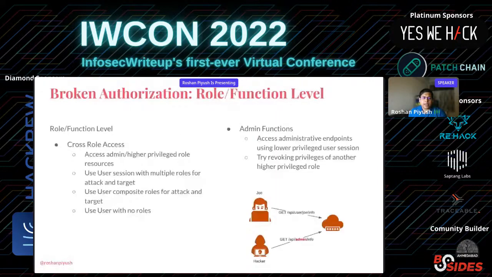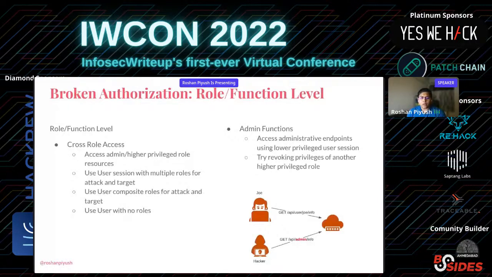Similarly, at the role or function level, the basic thing we understand is that we want to do a cross role access. And cross role access doesn't mean we go and access a lower privilege role. It's always that we want to escalate to higher privileges, so access the admin or higher privileged roles. Use a user session with multiple roles if you're not seeing results with a single role, because sometimes the checks may differ when there are multiple roles assigned to a user.